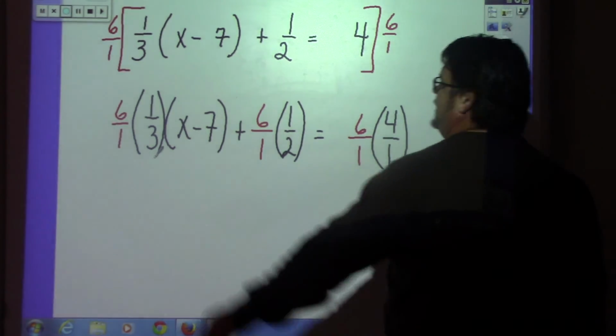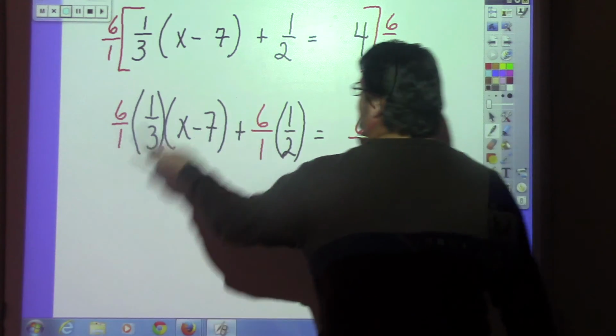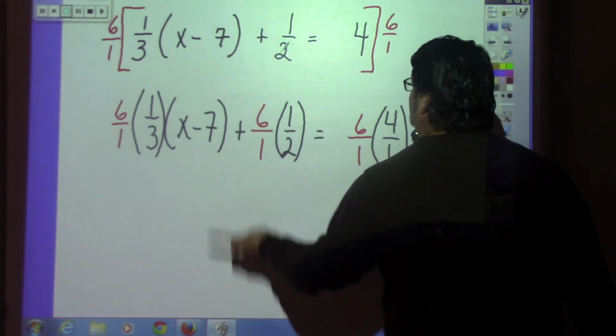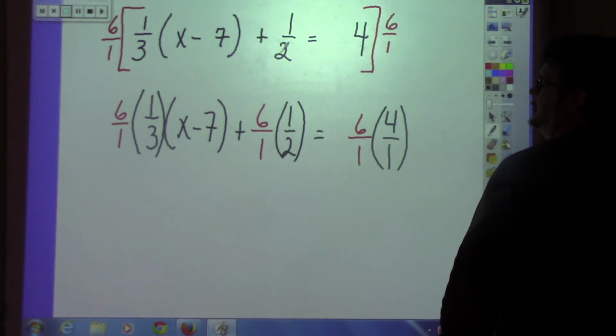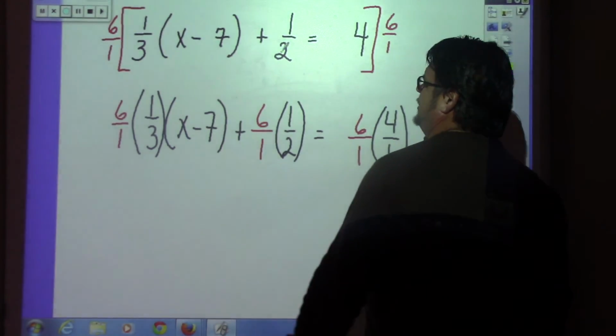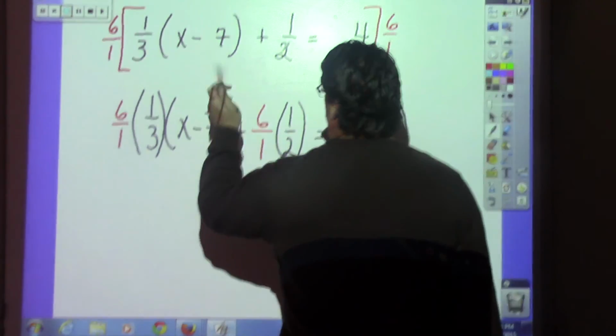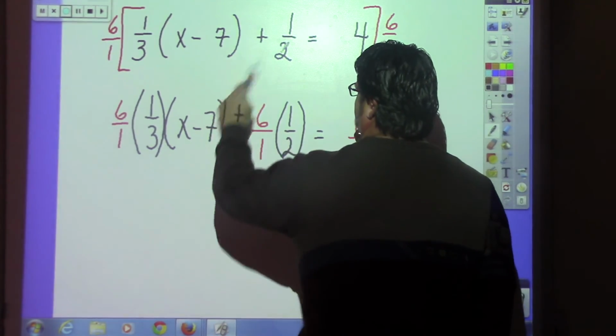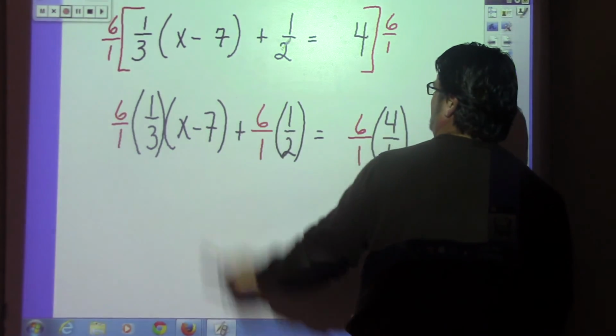I'm going to multiply by this 1/3. I'm going to multiply by this 1/2. And I'm going to multiply by this 4. And the students say, well, Hubert, I thought you said you couldn't multiply with the parentheses. And why are you multiplying by this 1/2?